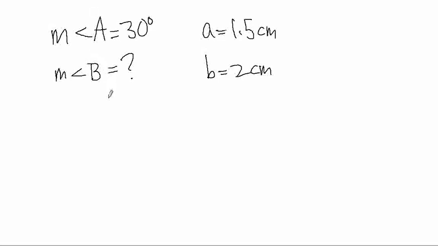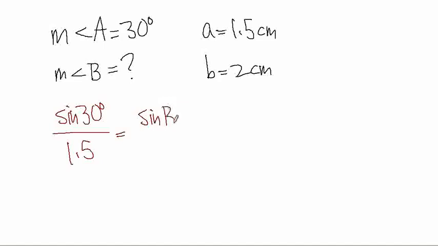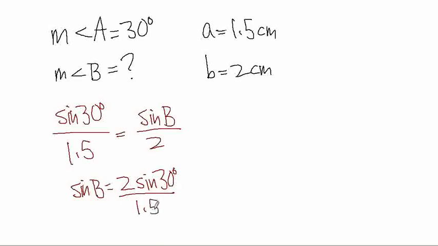Okay, so I'll go ahead and solve it as well. So using the law of sines, the sine of 30 degrees over 1.5 is equal to the sine of B over 2. So the sine of B is equal to 2 times the sine of 30 degrees over 1.5. So B is equal to the arc sine of that.